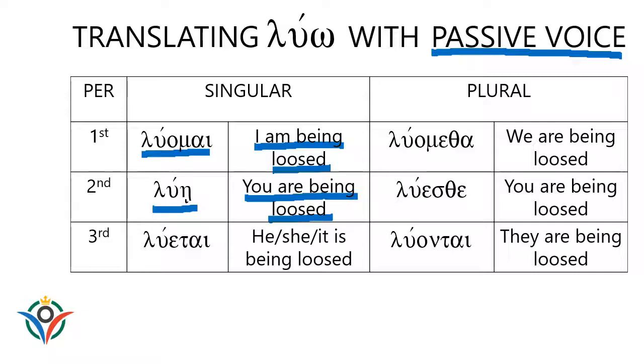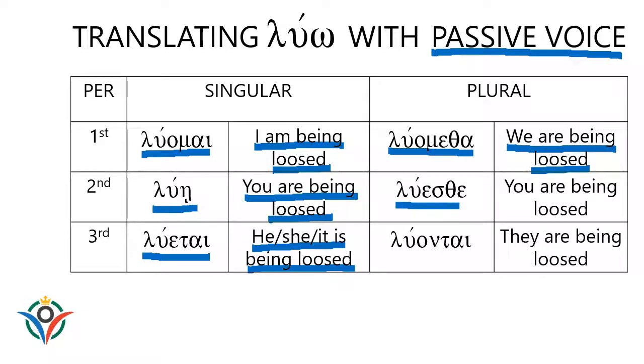Third person singular, lu etai, as he, she, it is being loosed. The first person plural, lu metha, we would translate that as we are being loosed. The second person plural, lu este, you would translate that as you are being loosed. And then the third person plural, lu antai, we would translate that as they are being loosed.